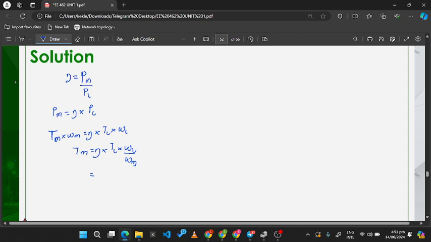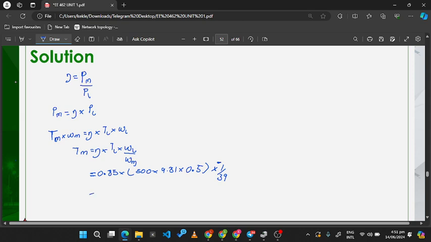Okay, and that would be 0.85 times the load torque, which is the mass multiplied by acceleration due to gravity, then multiplied by the radius. And we know omega_L over omega_M is the inverse of the gear ratio. But in this case the speed is negative since it's moving in the opposite direction.